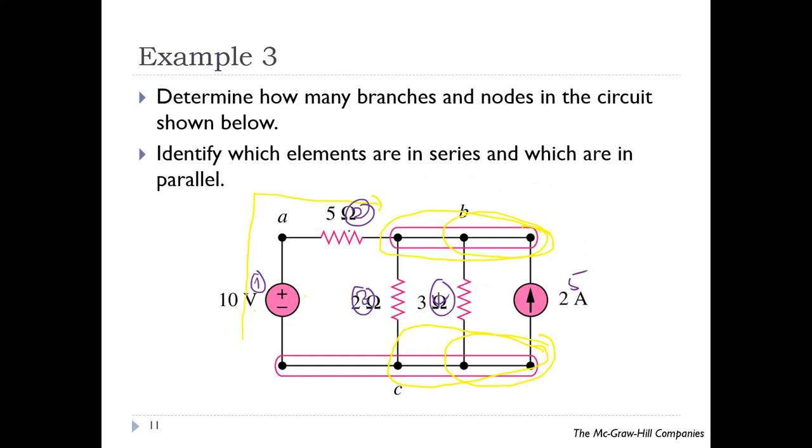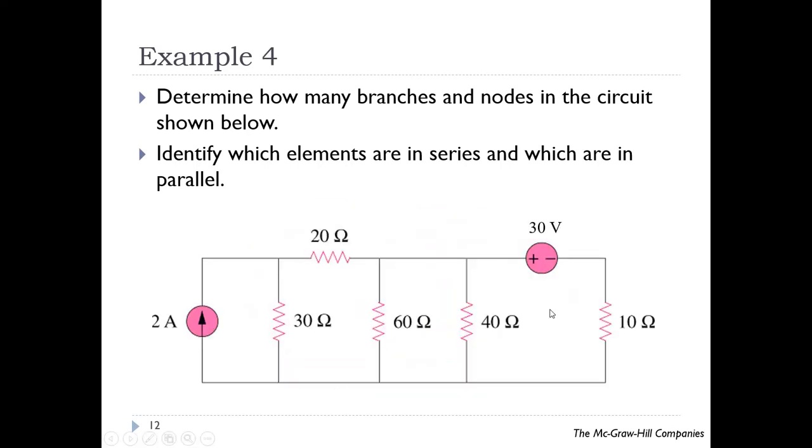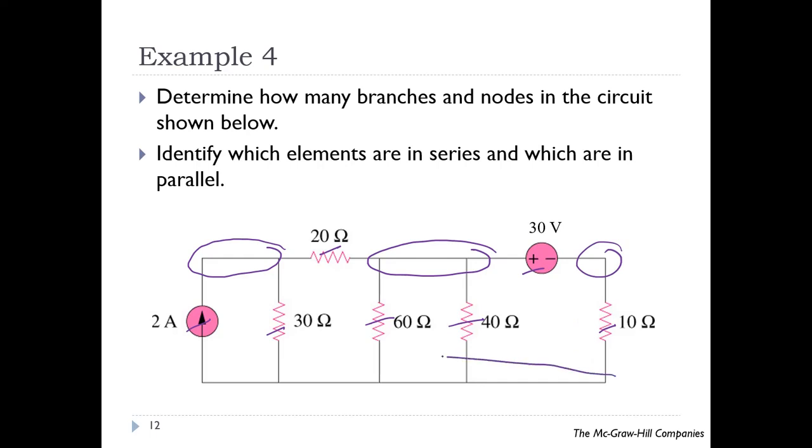And already labeled there, you have 3 nodes: 1, 2, 3. For this circuit, how many branches? 1, 2, 3, 4, 5, 6, 7. 7 branches. How many nodes? 1, 2, 3, and 4.